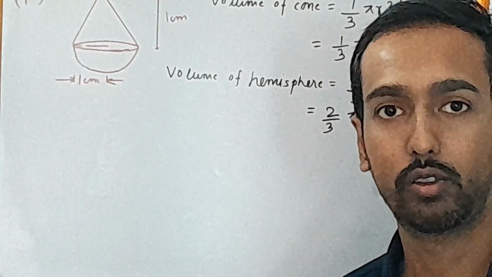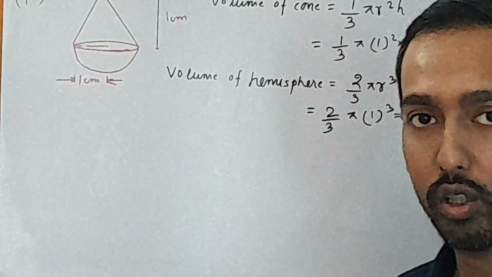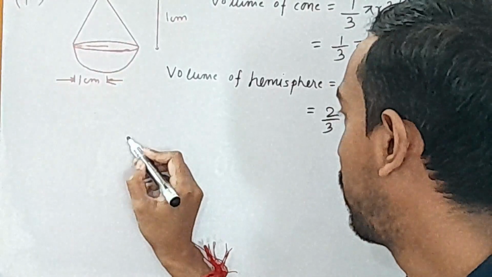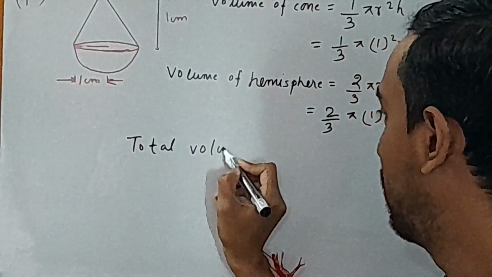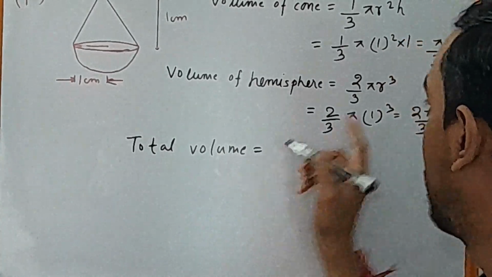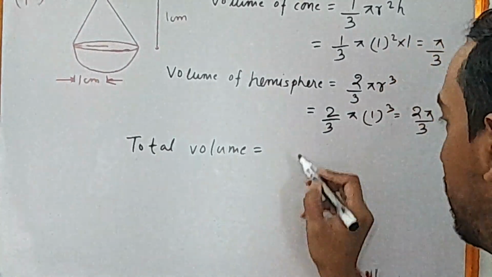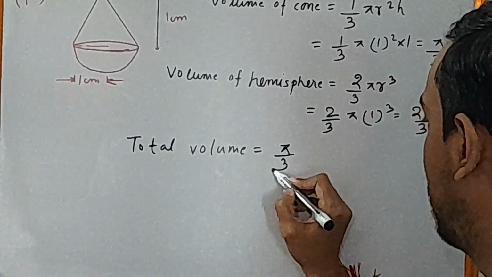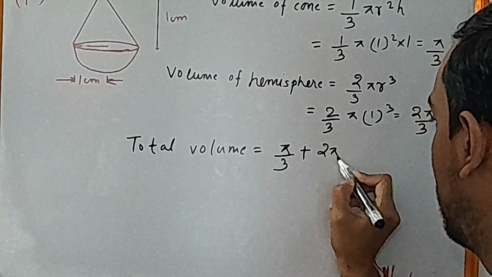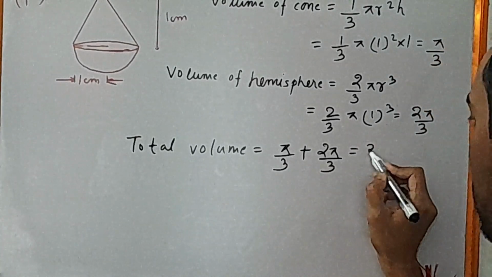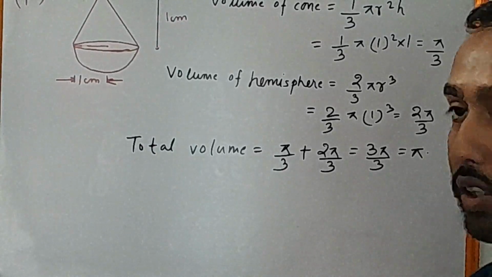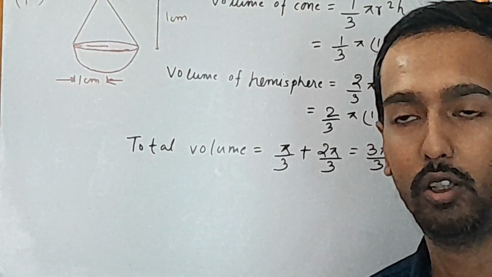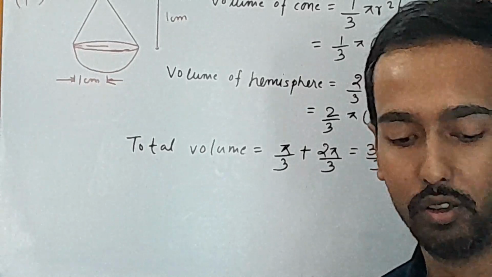So the total volume of the solid is given by the volume of the cone plus the volume of the hemisphere. The total volume is equal to pi by 3 plus 2 pi by 3. So you see that the answer comes out to be pi. So let's move on to the next example.